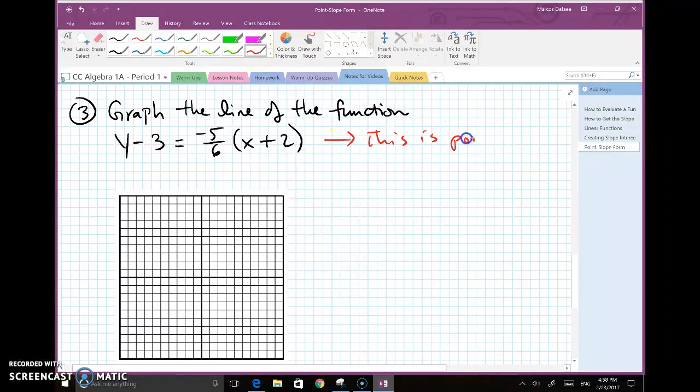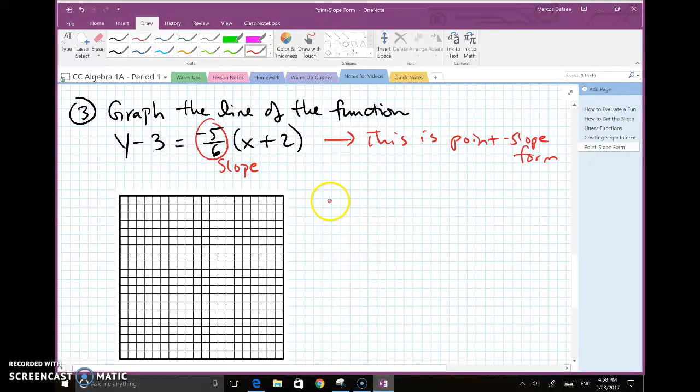This is point-slope form. And because it's point-slope form, what that means is that there lies within that function a slope and a point that I can use to generate my graph. So I'm going to go ahead and pull those things out of there. My slope is right here.